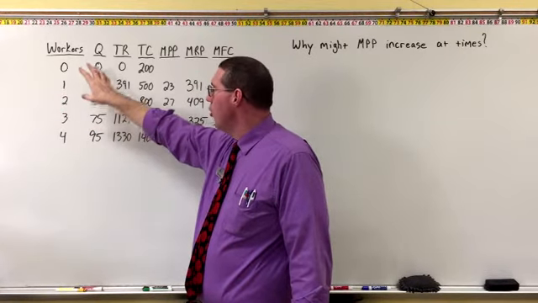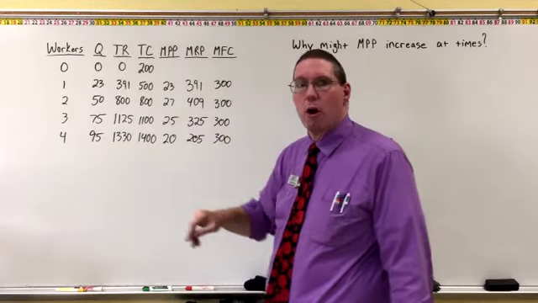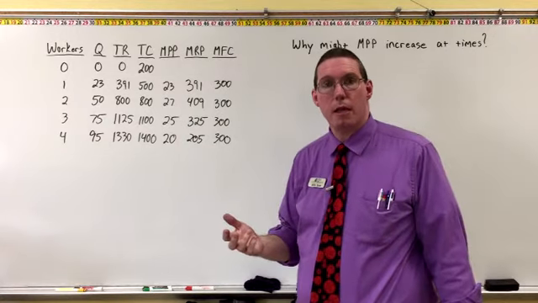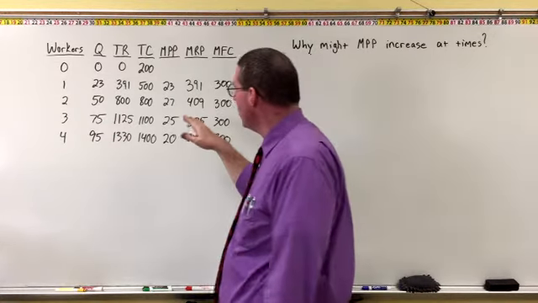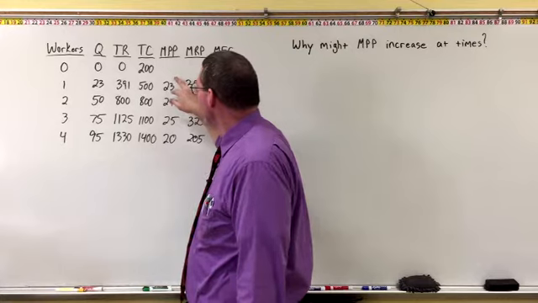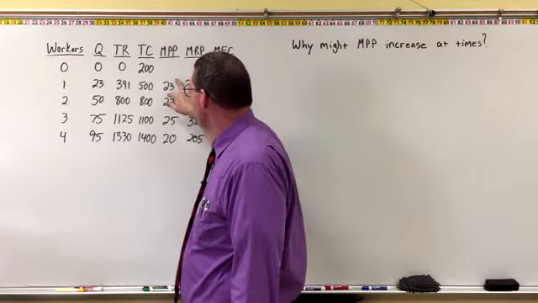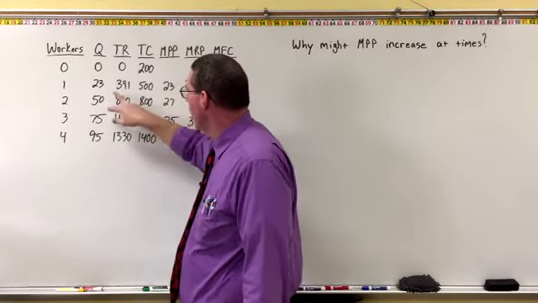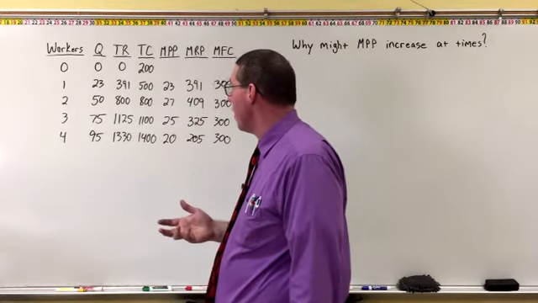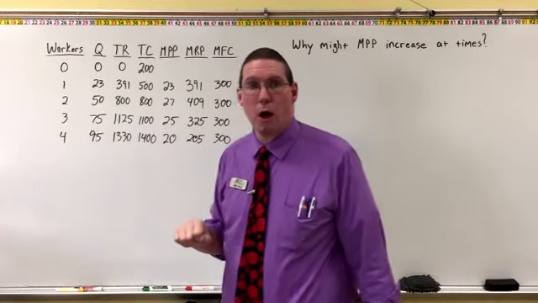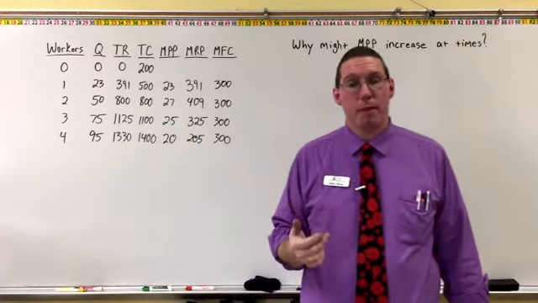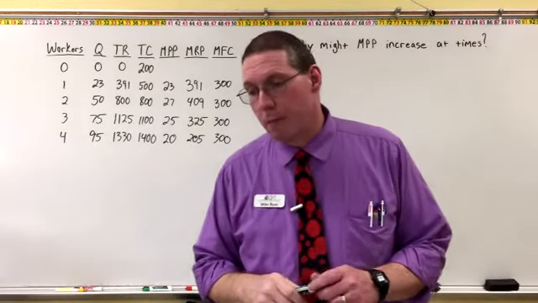Well, we're going to say no, because in this case, we're assuming that all the workers have the same capability. So why did the first worker wind up going from a production of 23 up to a production of 25 when the second worker came along? There are probably several explanations, but I thought I'd give you at least one or two.